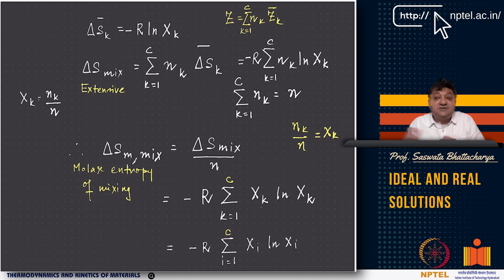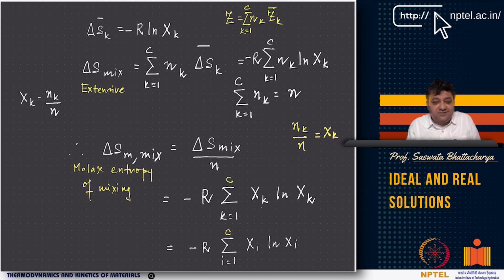If we do not consider interaction between atoms, the delta H_m of mixing is 0, because delta H_k bar is 0. Therefore, the sum of the delta H_k bar, the overall delta H of mixing, has to be equal to 0, because the partial molar enthalpy of mixing for any component k is 0 when you have no interactions between the atoms.